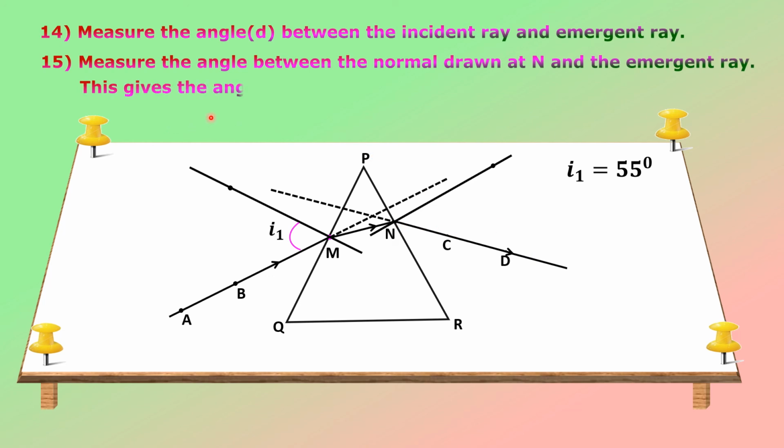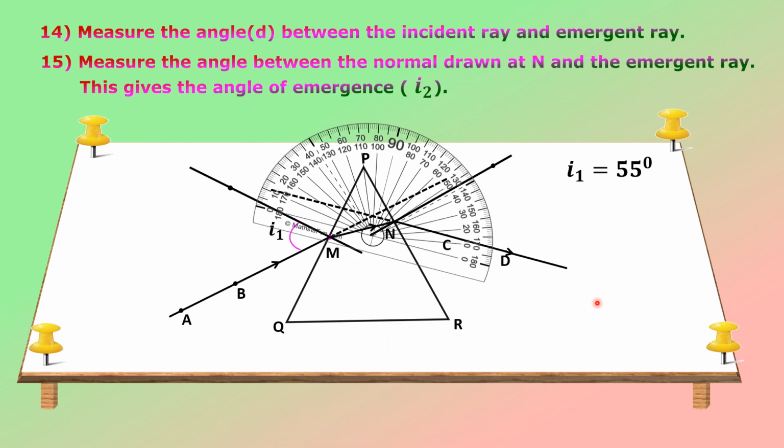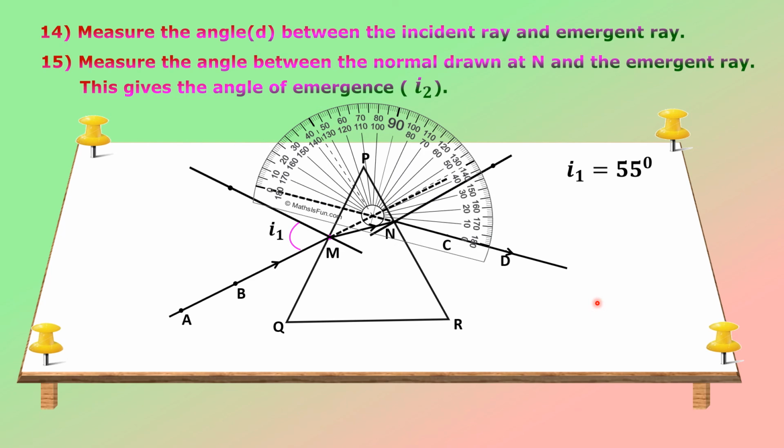This gives the angle of emergence I2. See here. So here it is around 42 degrees. D equal to 42 degrees.